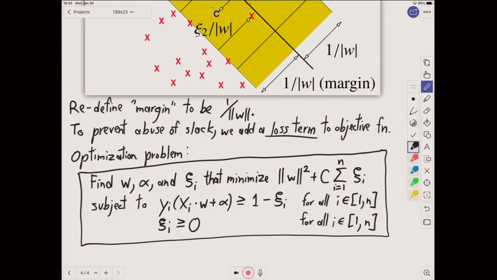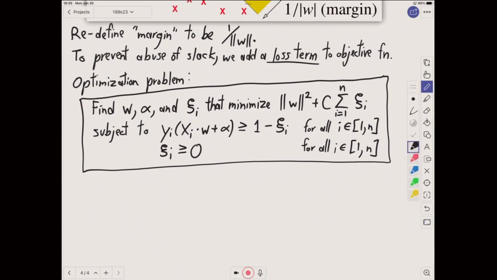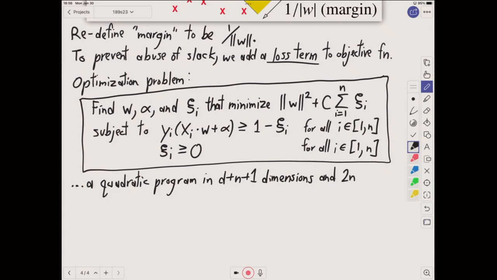All right, so that is our formal optimization problem. This is a rigorously defined problem that we can think about what algorithms will solve. And there's a name for this kind of problem. This is recognizable as something called a quadratic program, which is good because quadratic programs have been studied a lot. And it is in d plus n plus 1 dimensions and 2n constraints.